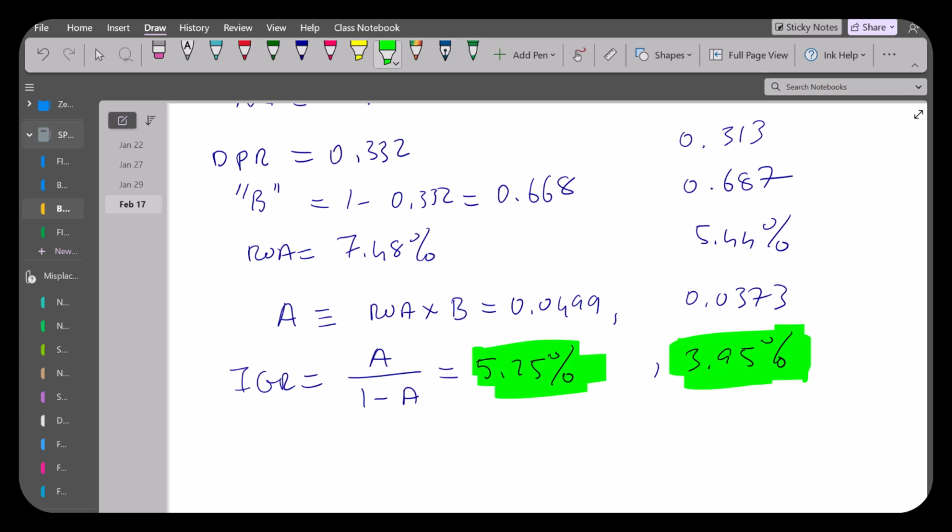This is a hypothetical growth rate. If I don't get any more resources into the company to finance my assets, what is the maximum growth rate at which I can grow my earnings? That's the internal growth rate. So in this case, internal growth rate for Walmart is much higher. Of course, if in the future ROA increases, that's going to increase as well.